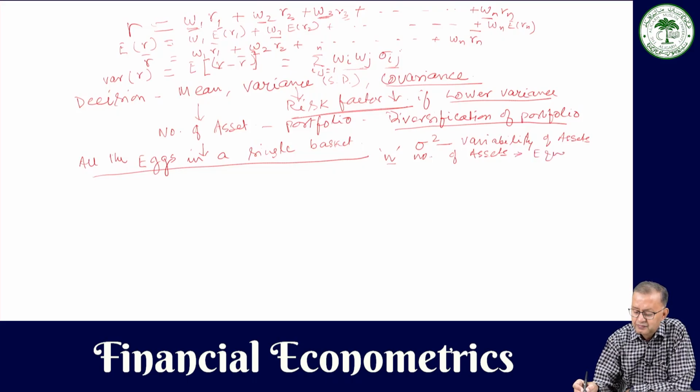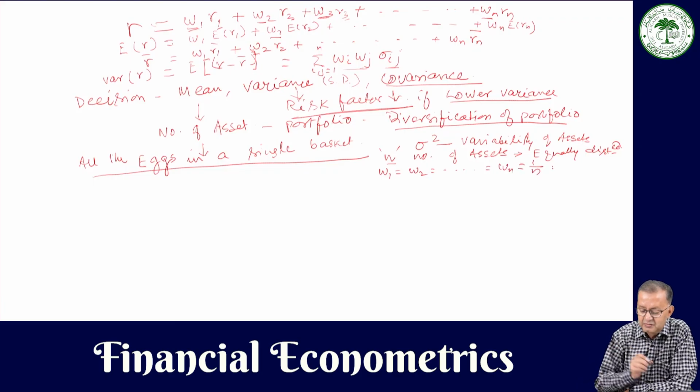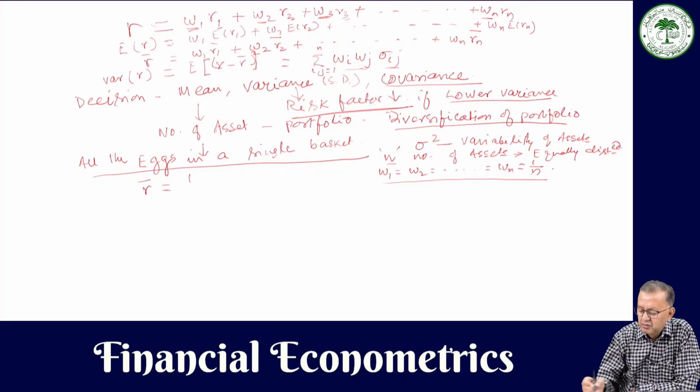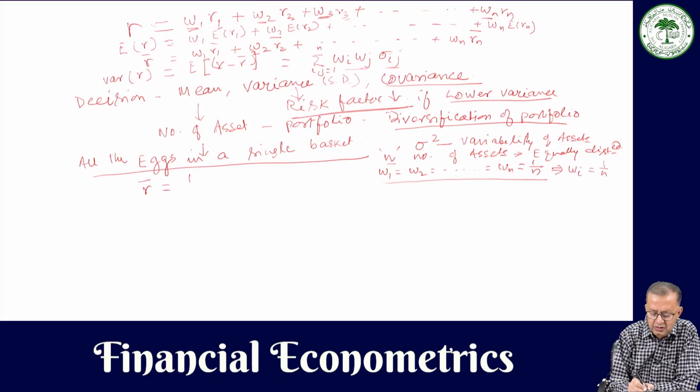So W1 is equal to W2 is equal to Wn, which is equal to 1 upon n. Now the mean return can be written as the sum of wi ri, where wi is equal to 1 upon n, so this is 1 upon n times the sum of ri, i equal to 1 to n.